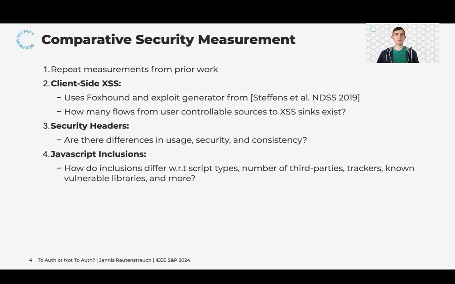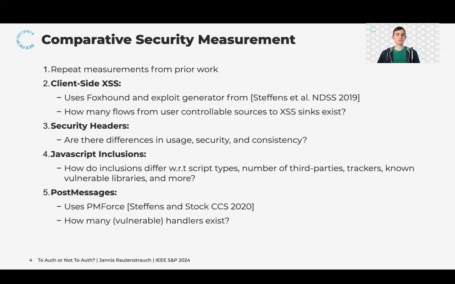And do they see the same kind of JavaScript? So it's inline scripts or included scripts, also first-party scripts and third-party scripts. Lastly, we also investigated postMessages. For that, we used the PMForce tool from Steffens and Stock from CCS 2020 and asked the question, how many vulnerable postMessage handlers exist on websites?